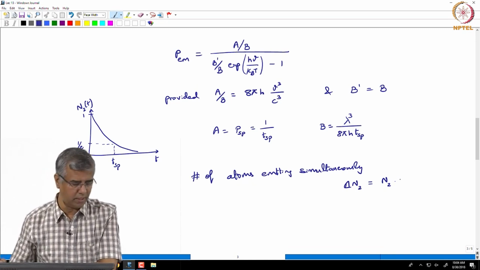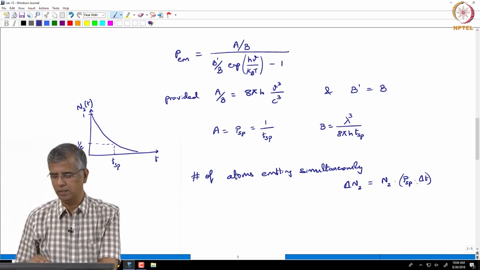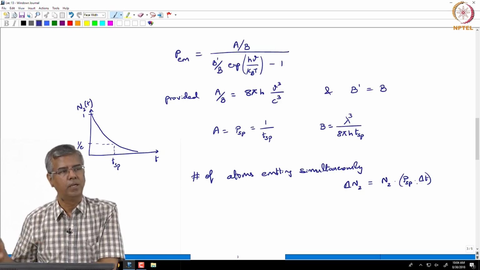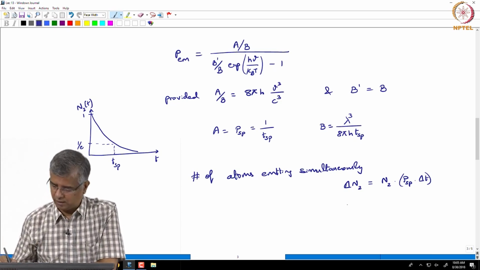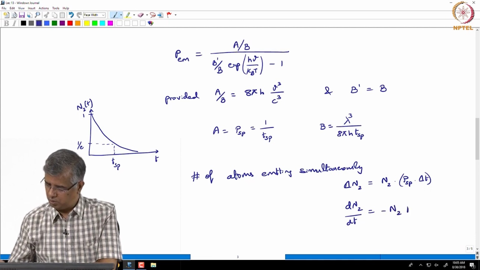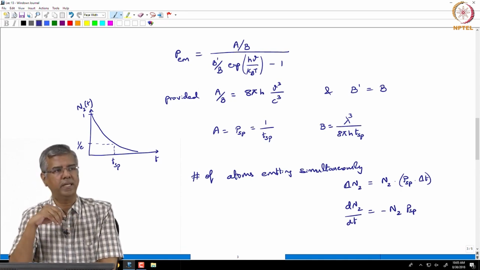So, the probability density that we have defined is P_SP, and then that is happening over, let us say, a time period of delta t, right. So, this is actually over a discrete time interval, but if you actually look at the continuous emission, you basically say that dn2 over dt, you can write it as minus n2 P_SP. Why am I putting minus there?